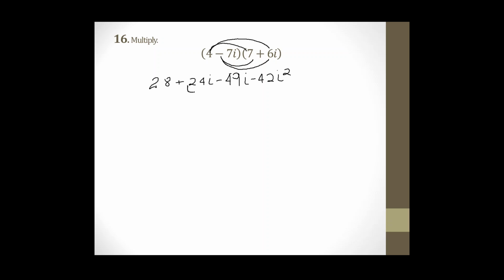We can combine these two because they are like terms. And I get that 24 minus 49 is negative 25i. And minus 42 i squared, where i squared is negative 1.